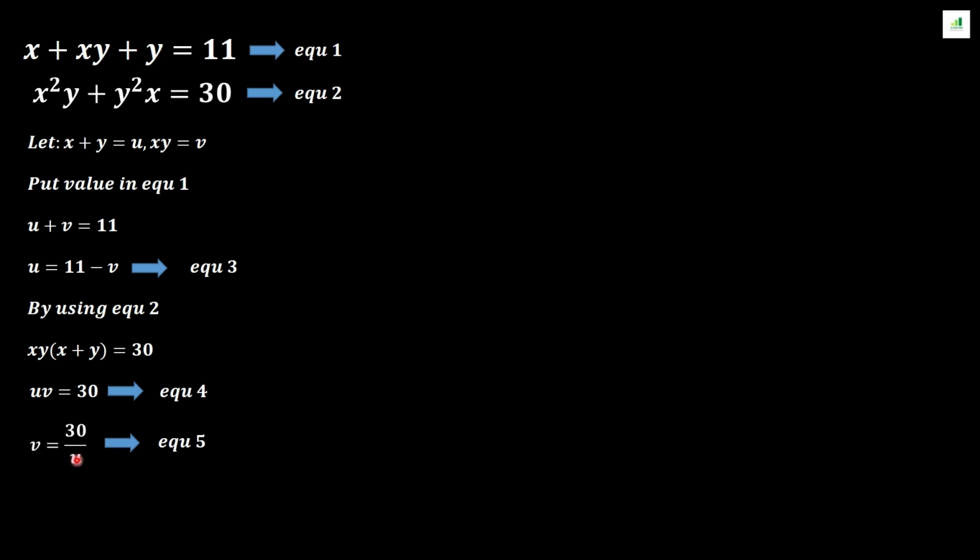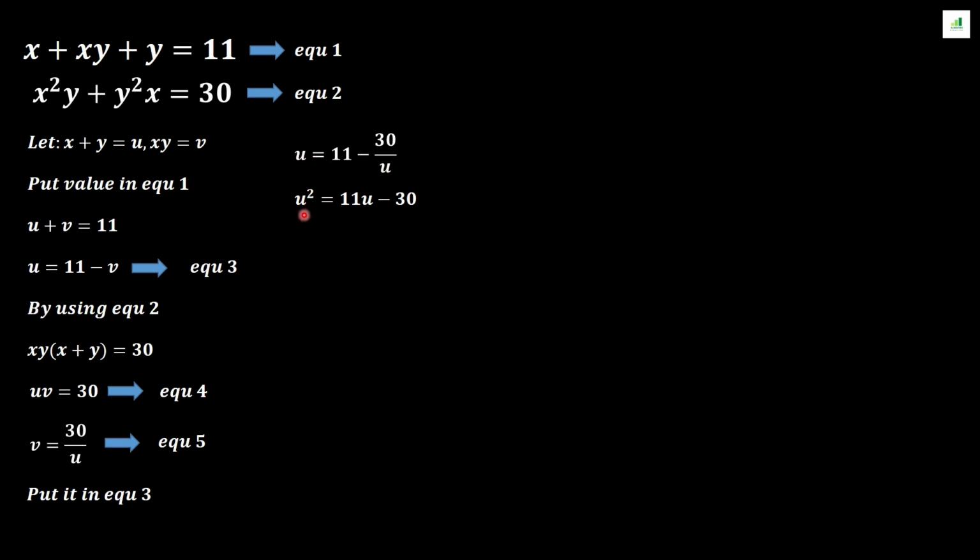Now in the next step, this v will be inserted into equation 3. It means that the v of equation 3 will be replaced by 30 over u, and we will get u equals 11 minus 30 over u. Now we should simplify this by taking the LCM, and we will get u square equals 11u minus 30, because when u multiplies with 11 we get 11u, and when the u moves to the other side of the equation it multiplies with the other u and we get u square.